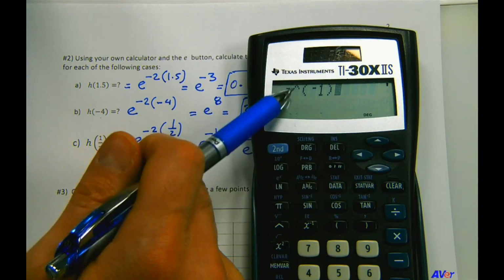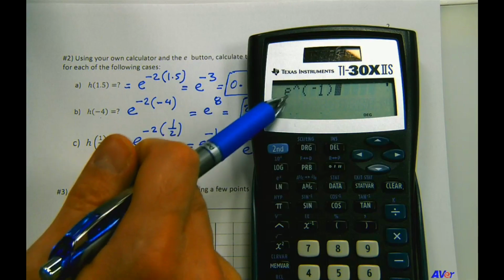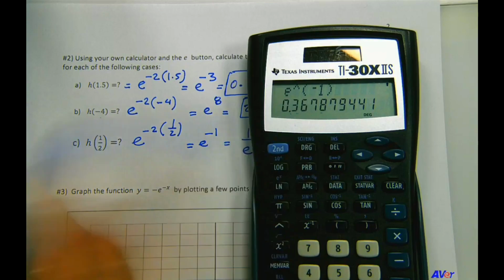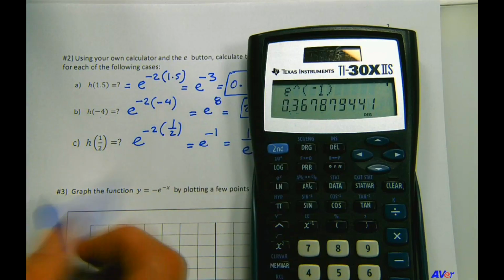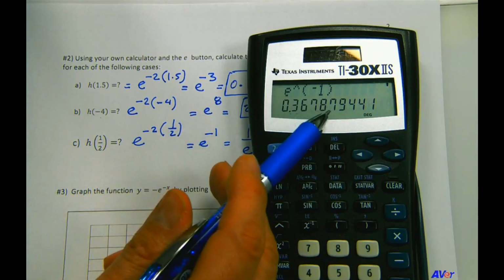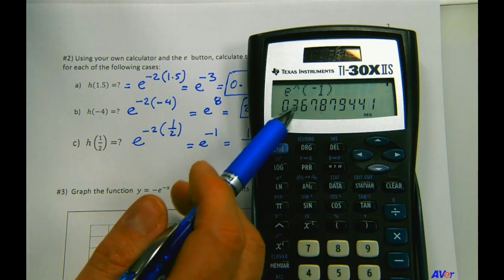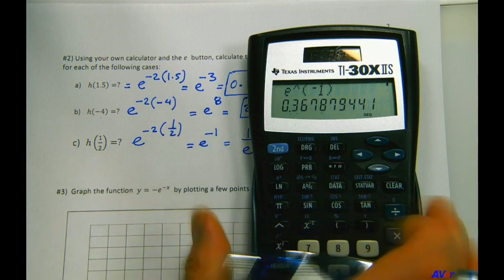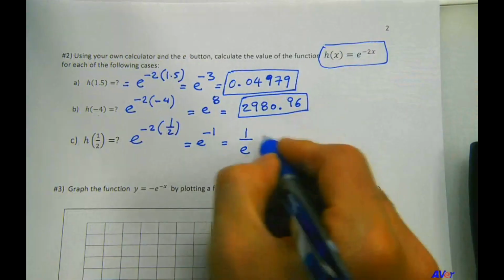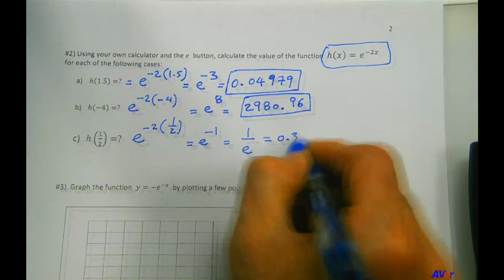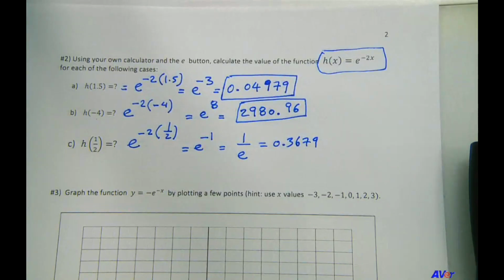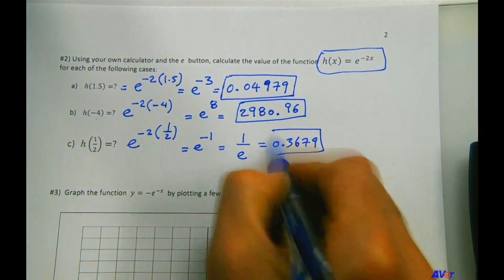That symbol means e to power -1. Okay, so here we have the result, 0.36787. So I'm going to round this to 0.3679. Okay, 0.3679. So I'm going to keep 4 decimal places like that.